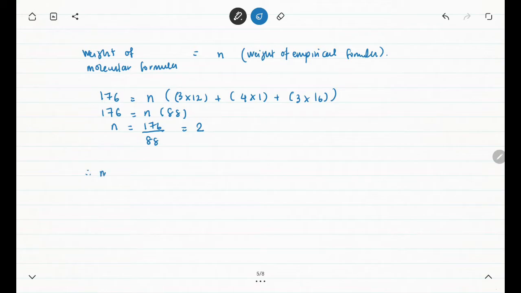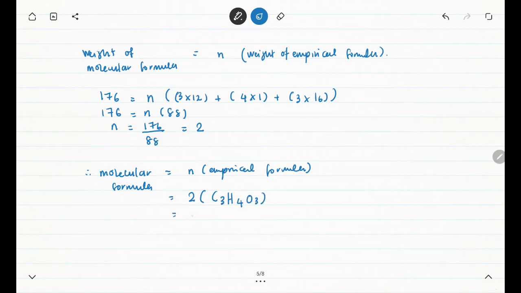So the molecular formula is equal to n times the empirical formula. So integer n is 2 times the empirical formula C3H4O3.